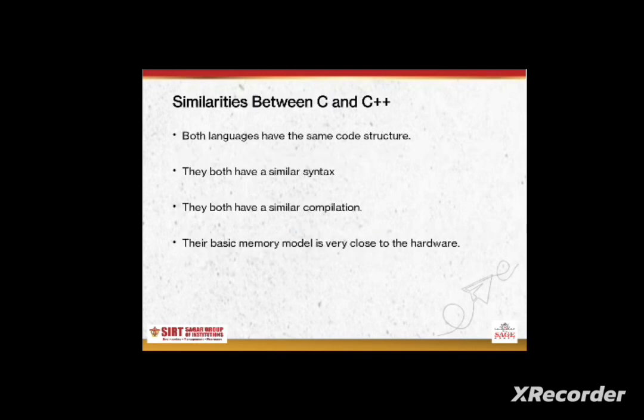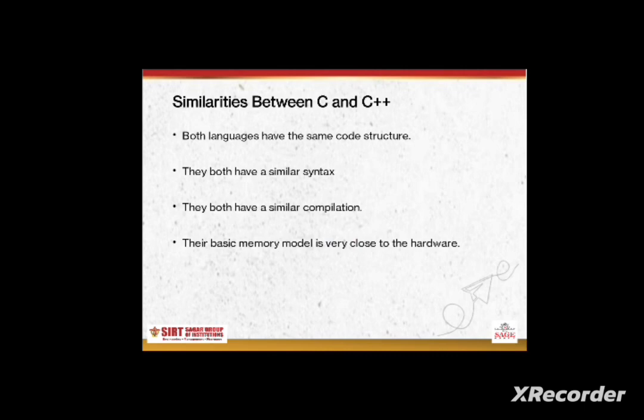Now, what are the similarities between C and C++? Both languages have the same code structure. When we write any code in C and C++, we have to write the hash include statement. Hash is the preprocessor directive, and include, and then iostream.h, that is the header file.